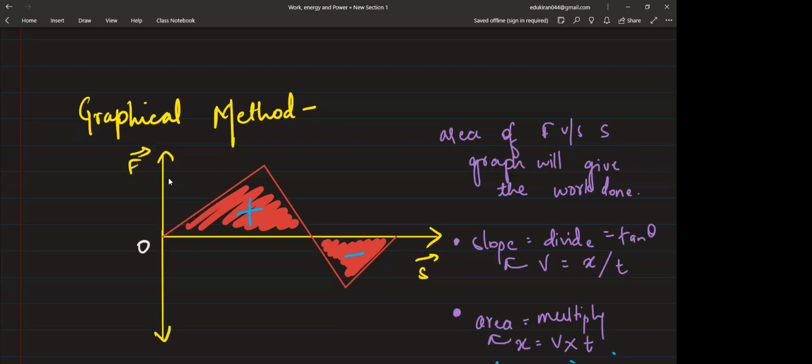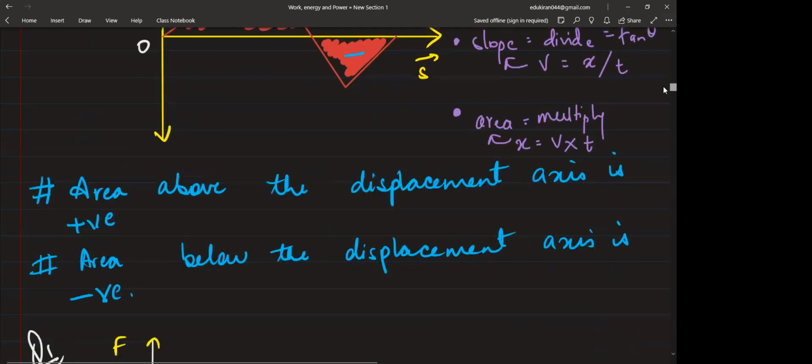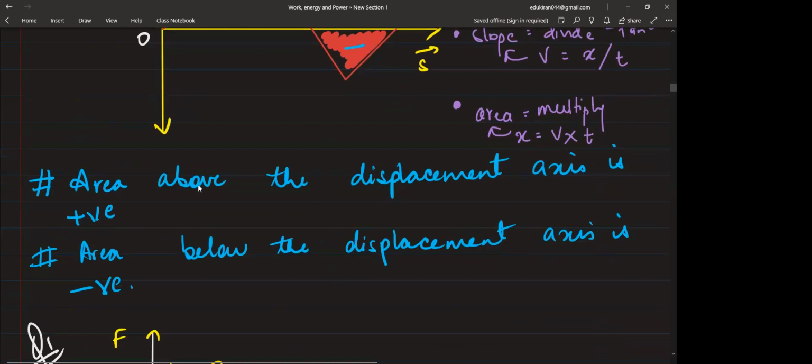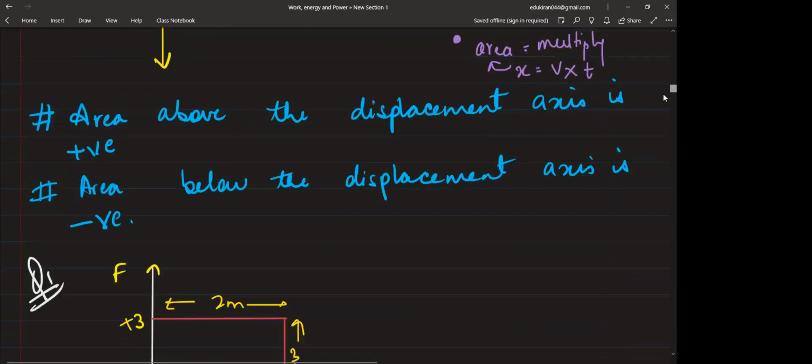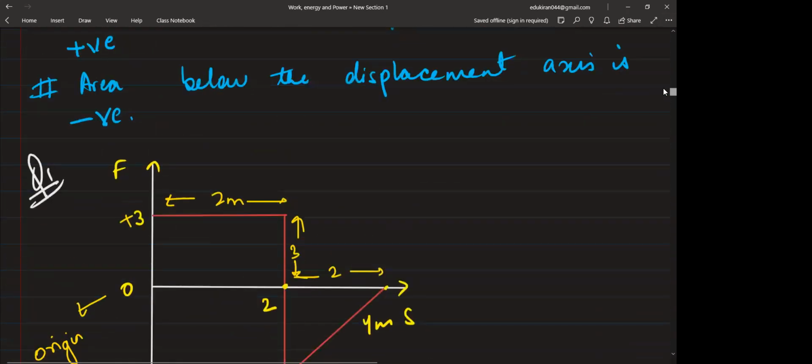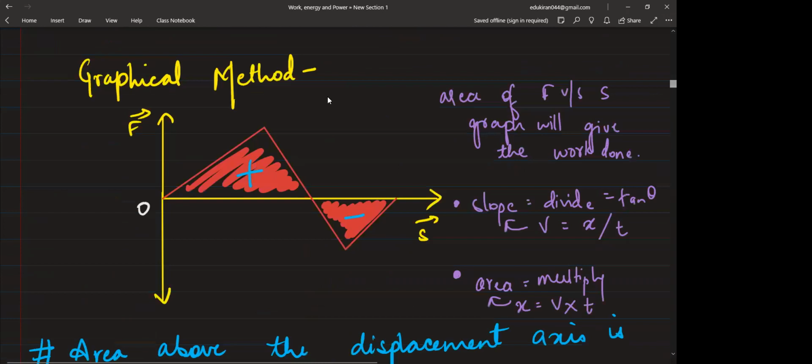So likewise here, if we are getting the area of Fs, it is obviously very clear that force and displacement will be multiplied. So we'll get the third quantity through area, not the slope. So this is a little important. Area above the displacement axis is taken positive and below the displacement axis is taken as negative. So one question, all of you will answer. That will complete our work done. Write it quickly.